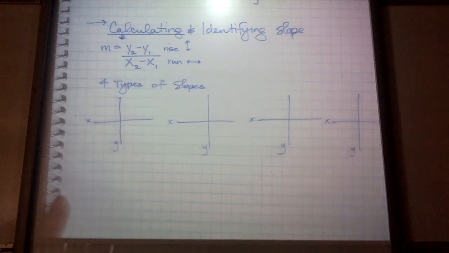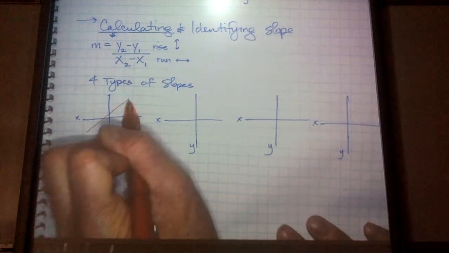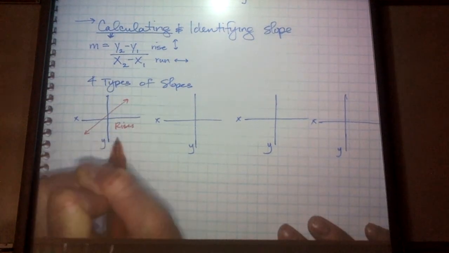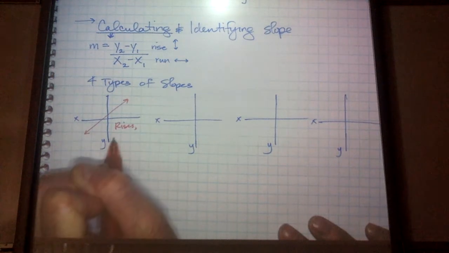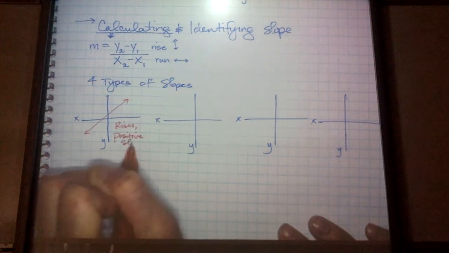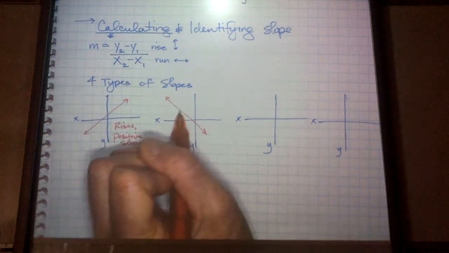So I'm going to draw the 4 types of slopes. 1, if it rises, we would call that a positive slope.